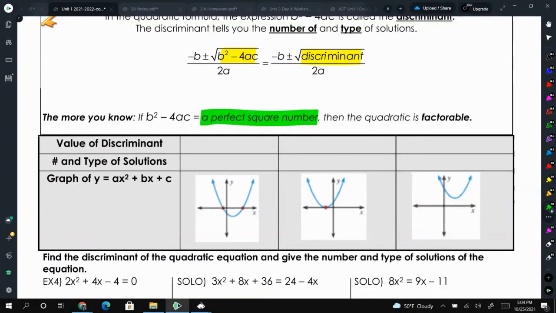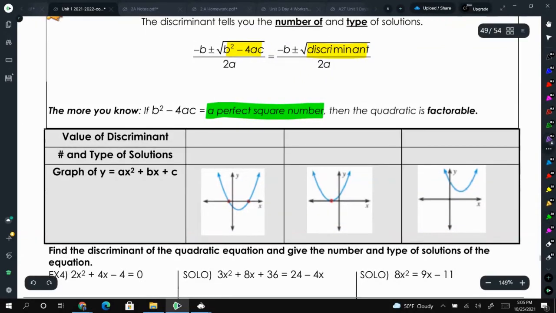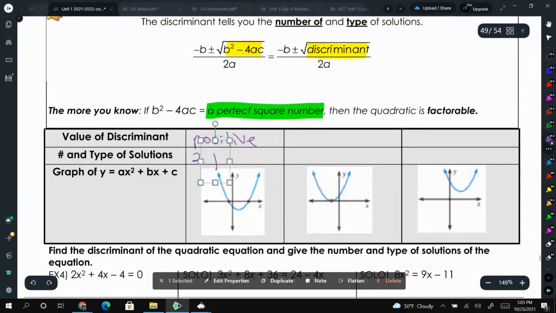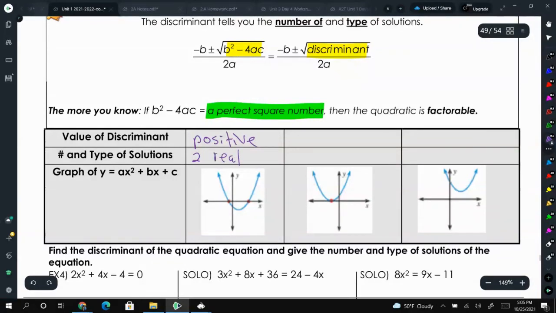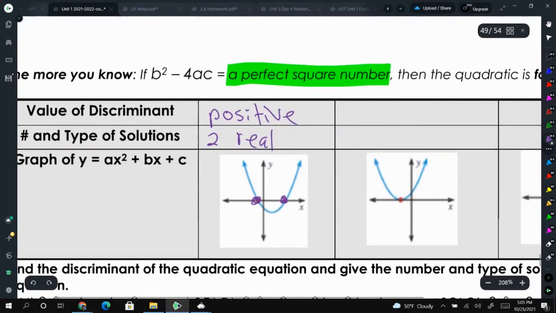The discriminant also tells you the number of solutions. So if your discriminant is positive, there are 2 real solutions, which means you have 2 x-intercepts. You can look at your graph and tell how many real solutions you have.